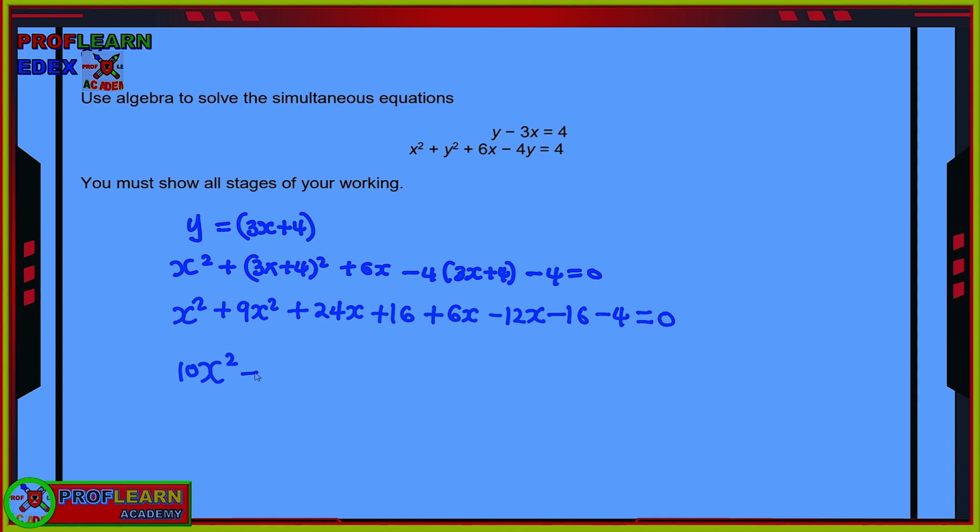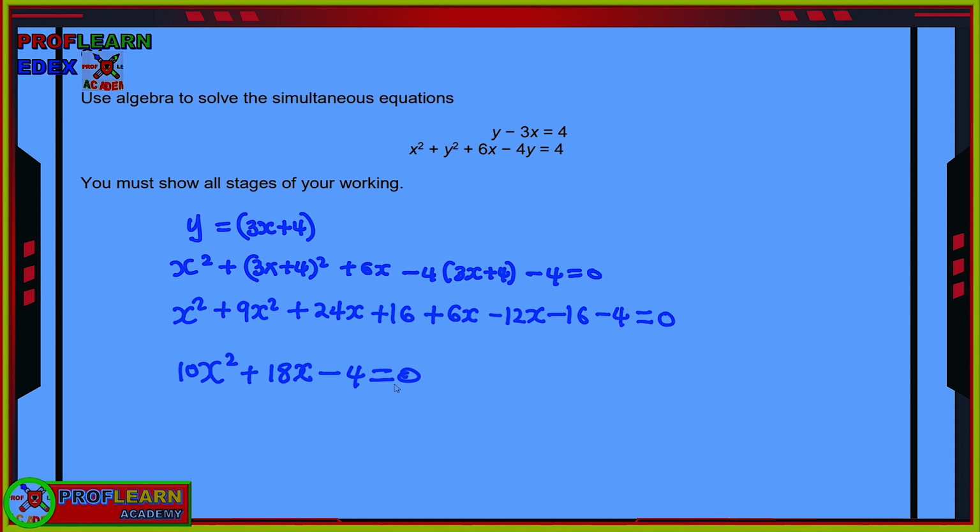Once you have simplified everything, you'll have a single quadratic equation, which is 10x squared plus 18x minus 4 equals 0. So you are going to solve this quadratic equation.